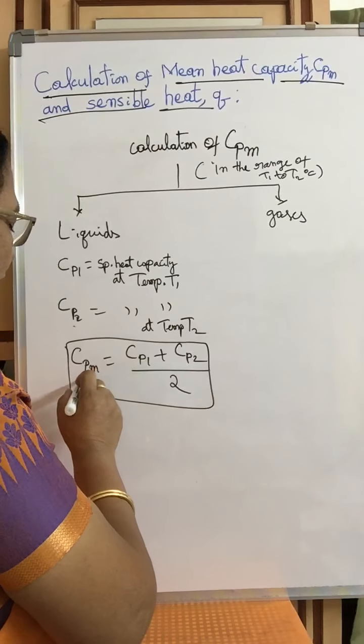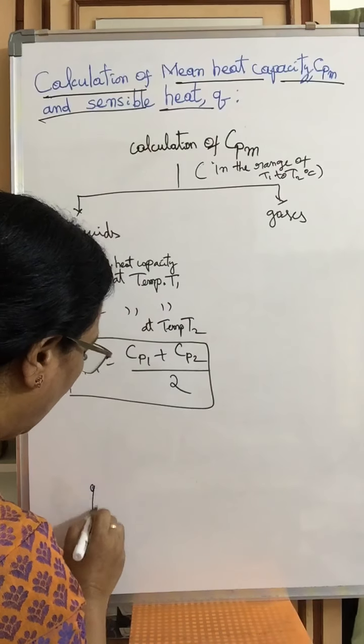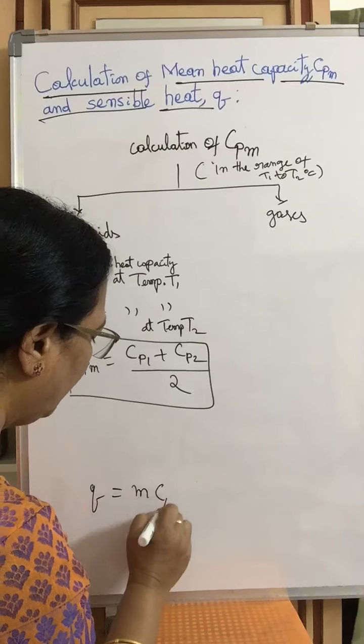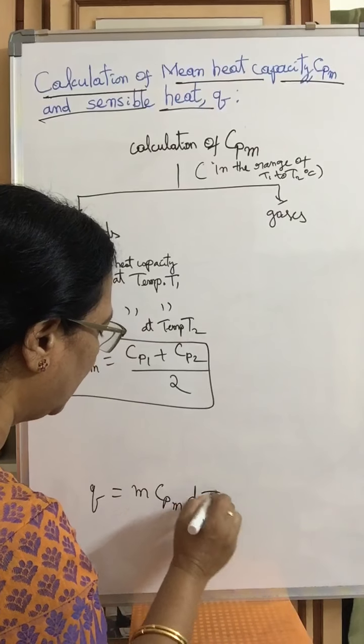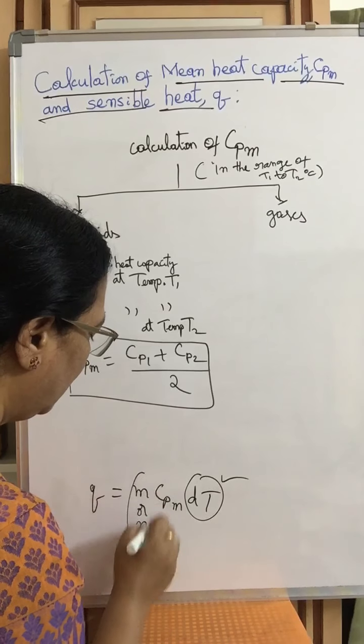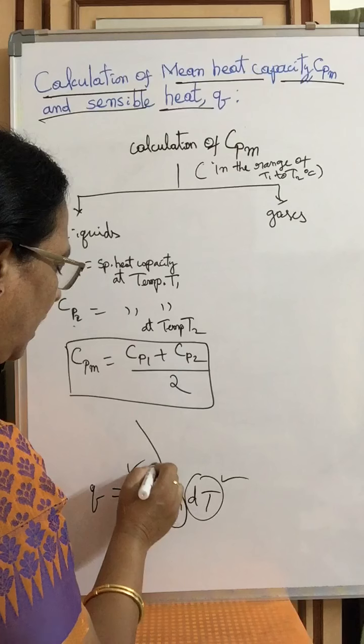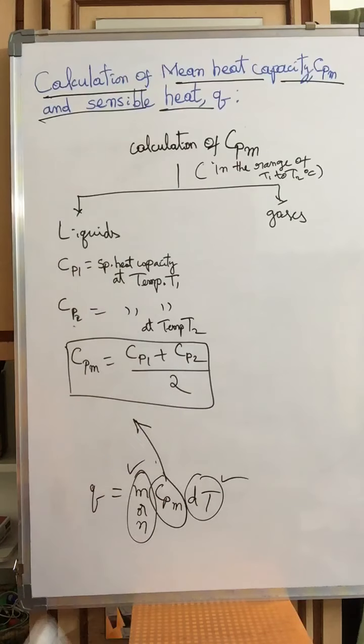After calculating Cpm, you need to substitute in Q is equal to m Cpm dT. This m and dT are known, and this Cpm we need to calculate like this.